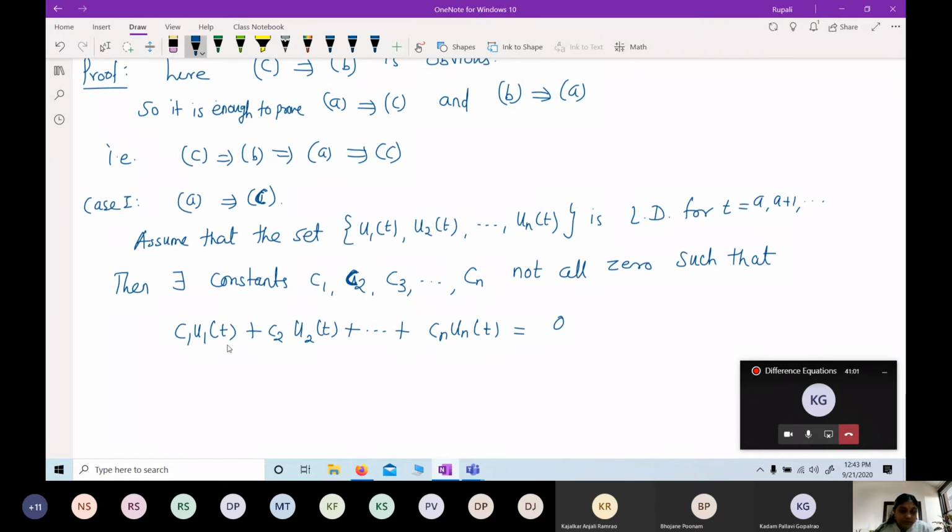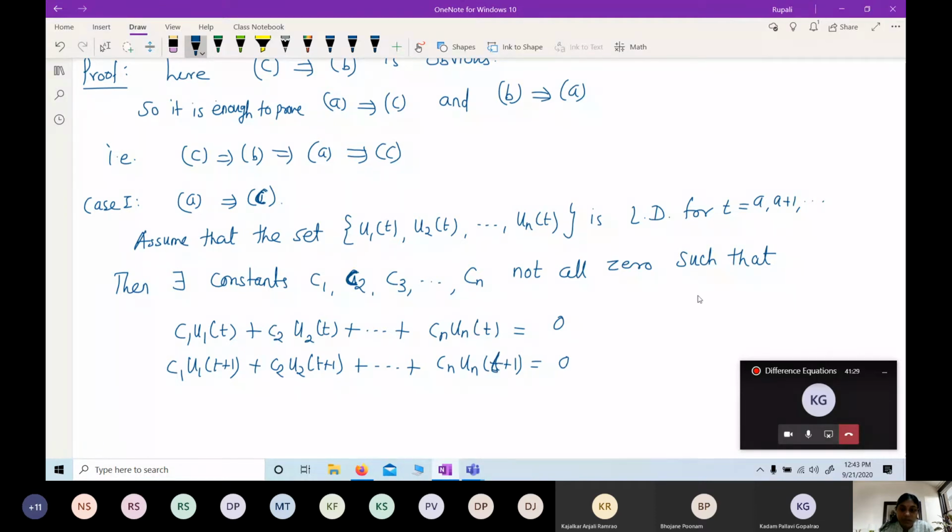So if this is 0 for all t, meaning for t equal to a plus 1, a plus 2, and so on, I can write c1 u1(t plus 1) plus c2 u2(t plus 1) and so on, cn un(t plus 1) is also 0, right?